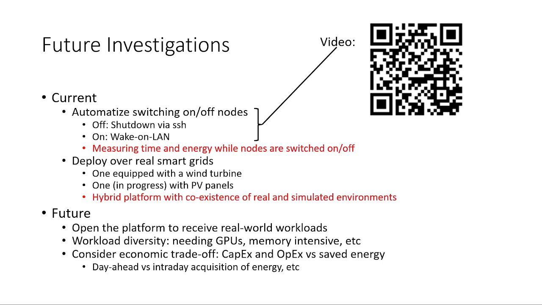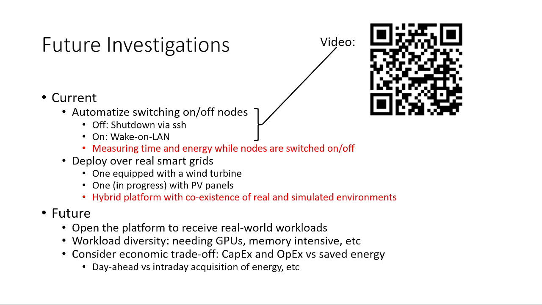So, future investigations. We have two investigations we are completing in December, January, and then we have future investigations. The current one is to automatize switching on and off the nodes, because as we saw, the difference between the best case scenario and the worst case scenario for carbon footprint is the energy consumed by idle nodes.